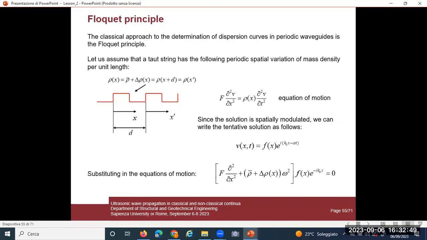Why is this approach different from application of the Floquet principle? And what is the Floquet principle?